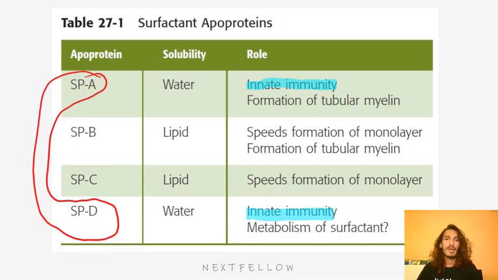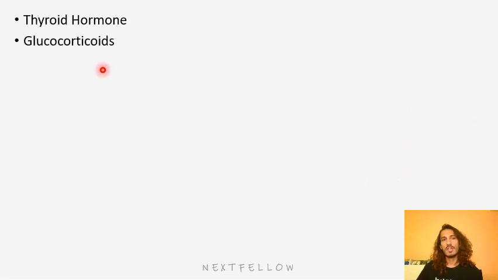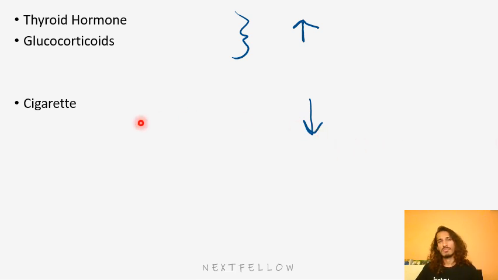Another set of questions that is going to come is about the factors that increase and decrease the surfactant. Thyroid hormone and glucocorticoids are factors that increase your surfactant. Cigarette smoking is something that decreases surfactant. This is just what has been asked in questions.